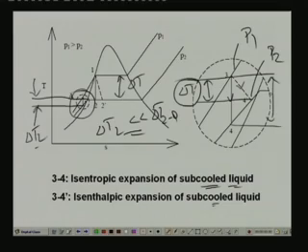Okay, that means there are two changes compared to the earlier case. First, the magnitude of the temperature drop for the same pressure drop is very much reduced now, and unlike the previous case, here the nature of the process also affects the temperature drop. Okay, if the temperature drop takes place in a turbine, it will be slightly higher compared to the temperature drop that takes place in a throttling device.